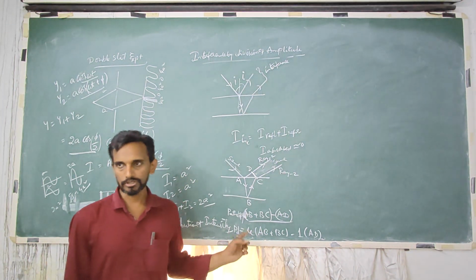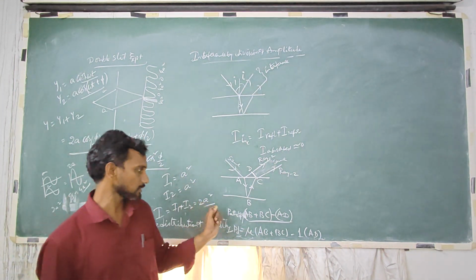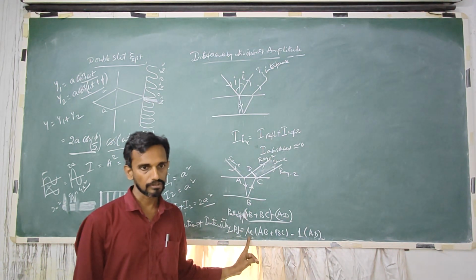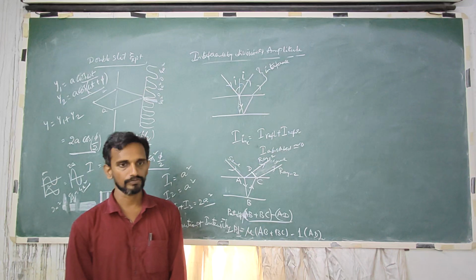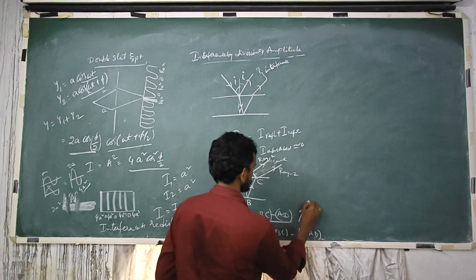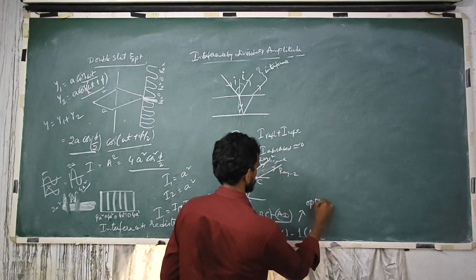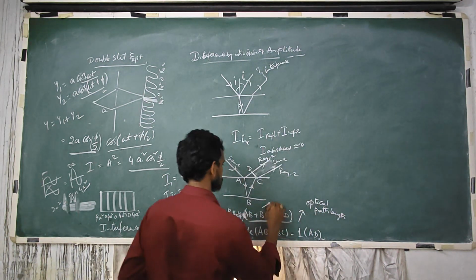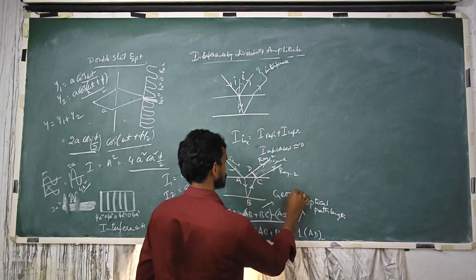So this is most important. Wherever you come across distances in optics, you must multiply with the refractive index of the medium. So this is called optical path length. This is called geometrical path length.